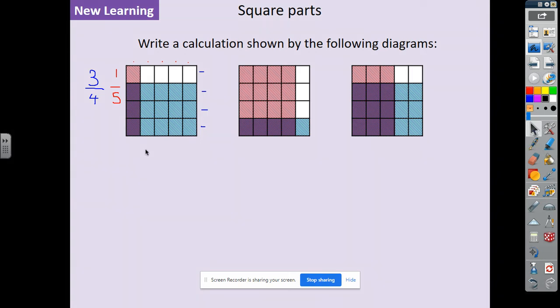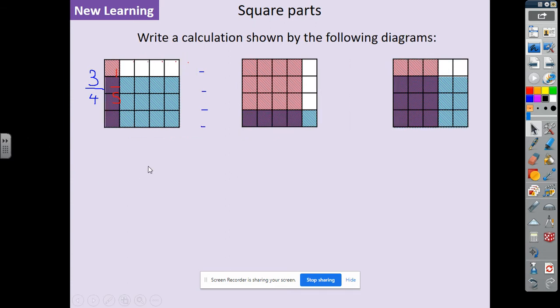So you may have written one of the following. You may have noticed that you had 3 quarters of 1/5, 1/5 of 3 quarters, which would have been the same as writing 1/5 times 3 quarters, or of course you could have written 3 quarters times 1/5.